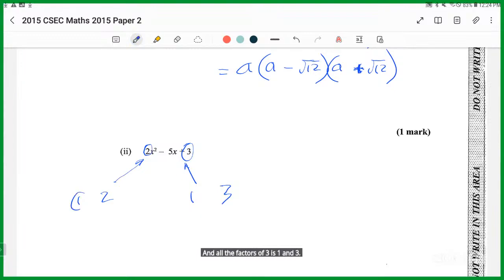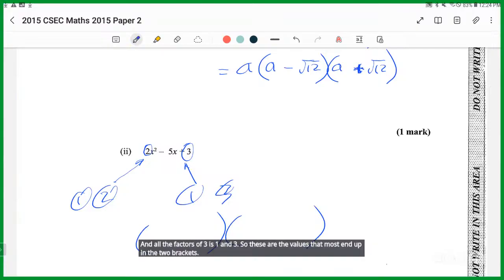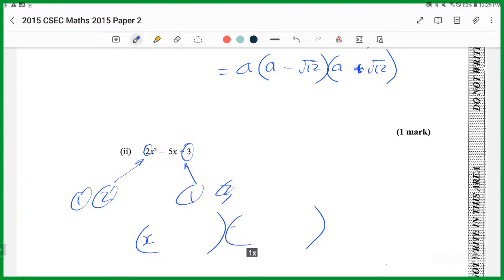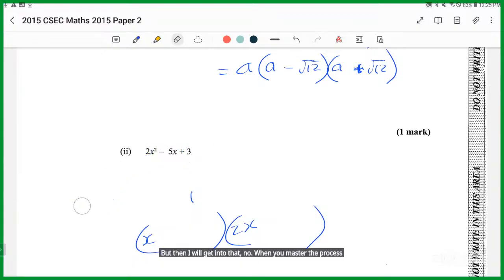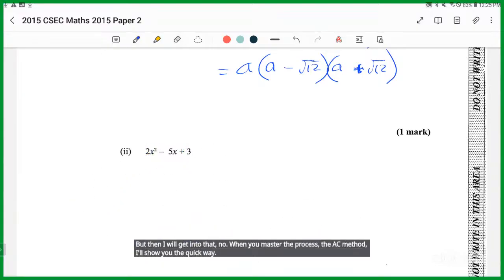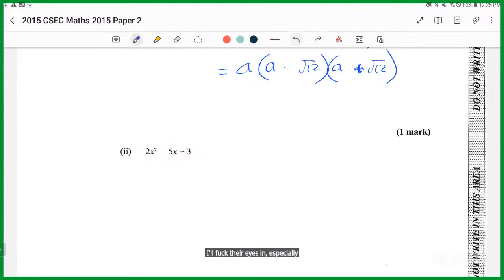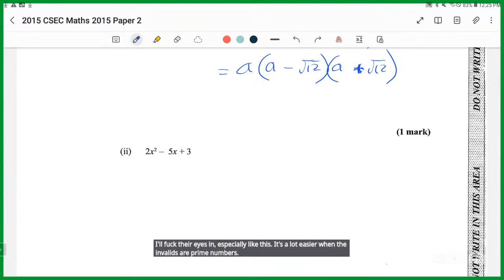So these are the values that must end up in the 2 brackets: 1x and 2x, and factors of 3, 1 and 3. It's a matter of where you put them. But I'm not going to get into that now. When you master the process, the AC method, I'll show you the quick way of factorizing expressions like this. It's a lot easier when the end values are prime numbers, but I'll deal with that another time.